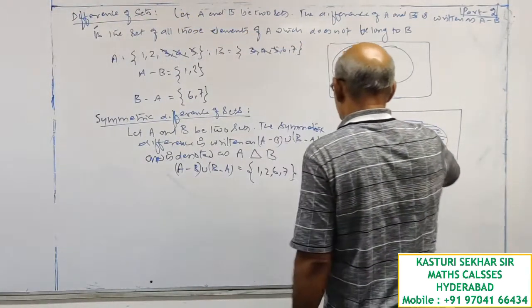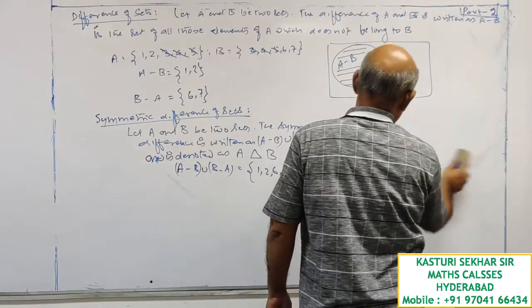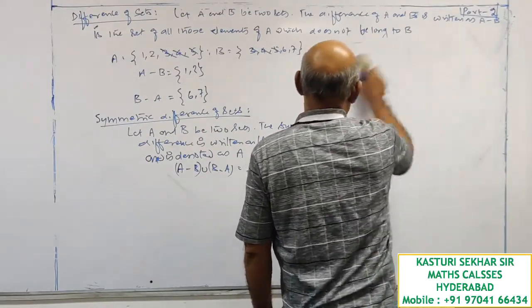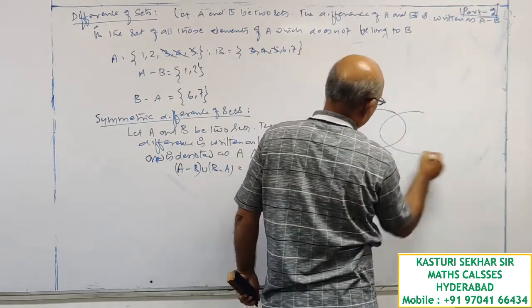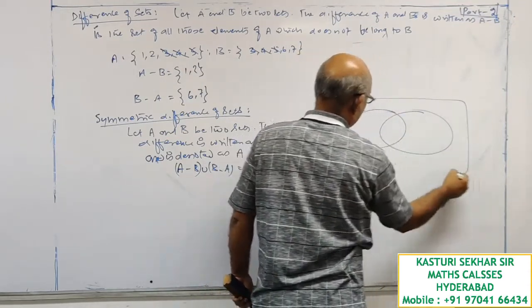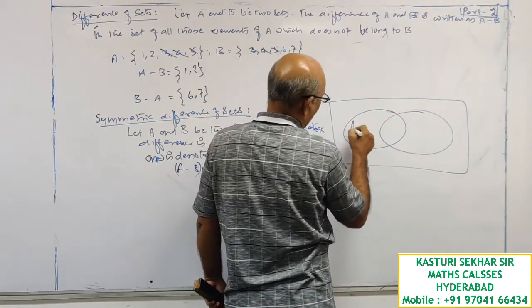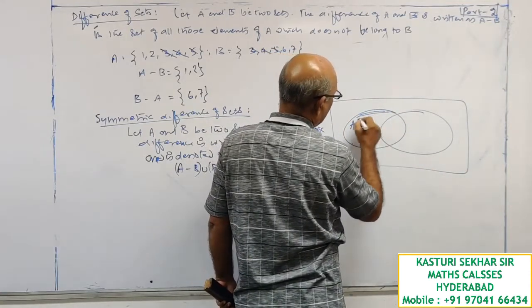So the Venn diagram for this is: this is A minus B shaded portion.